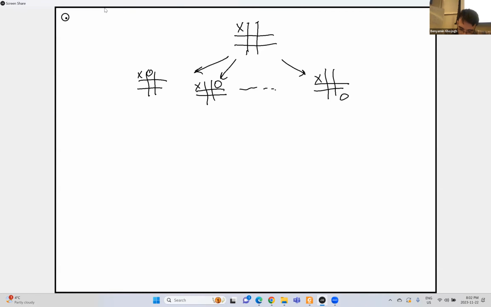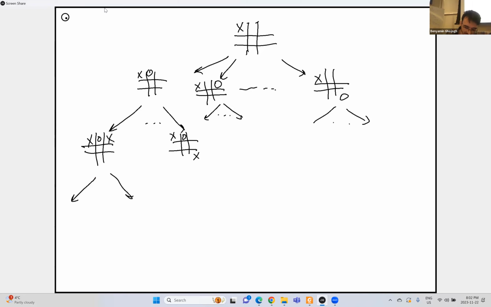How many? 1, 2, 3, 4, 5, 6, 7, 8. 8 other cases, right? Then for this one, 7 other cases happen. Either this until this. Also for this one, 7 other cases happen. For this one, 7 other cases happen. Again, for this one, 6 other cases happen. So it's a tree, right? It's a tree.